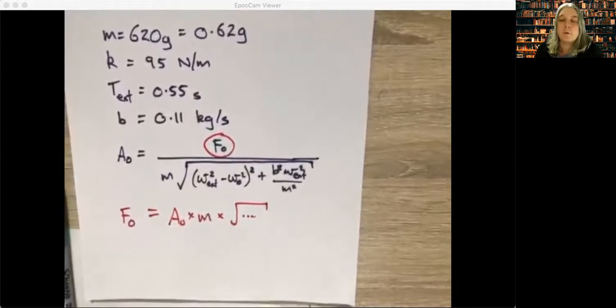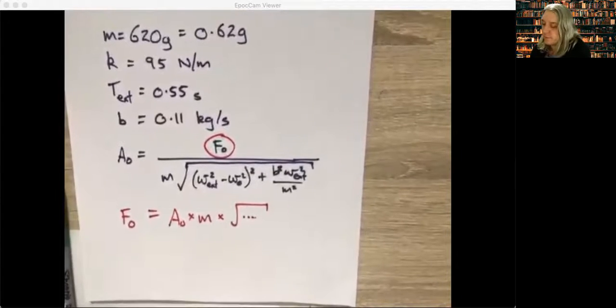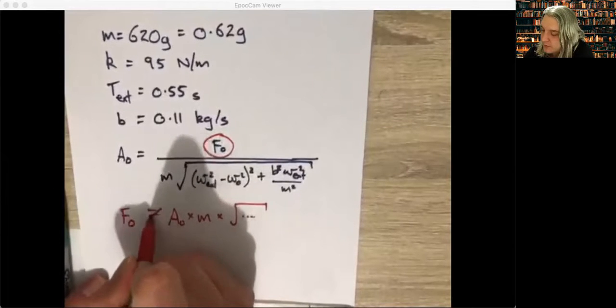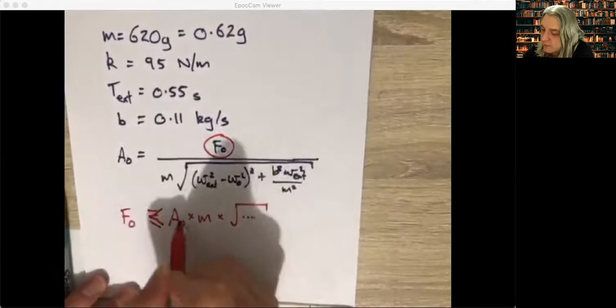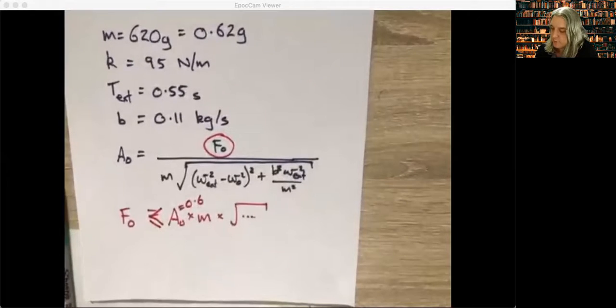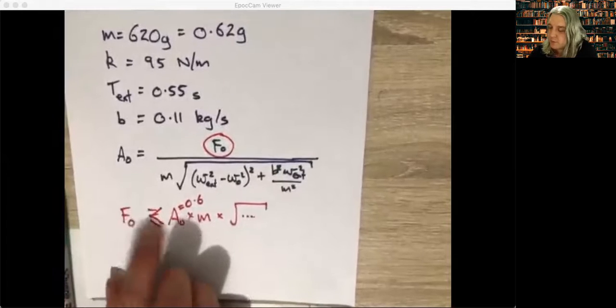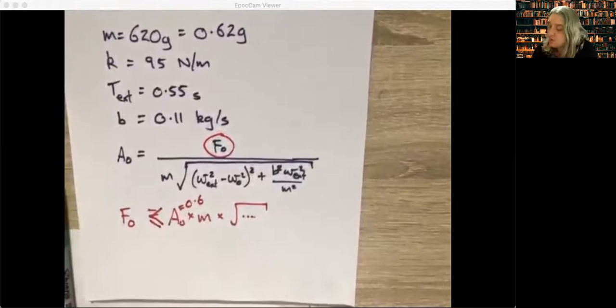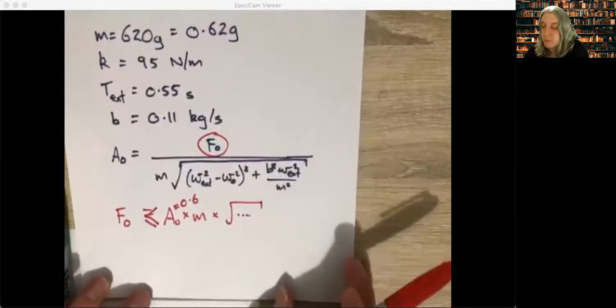We're looking for the F naught so that this amplitude is less than the maximum when it's equal to 0.6. So we want to find the maximum driving force that fits within this. Now you've almost done the whole problem.